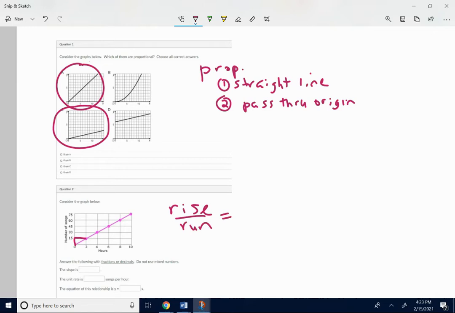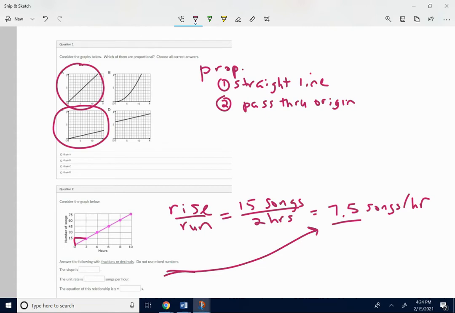I'm going up 15 songs over 2 hours. If I divide, I get 7.5 songs per hour. So the slope is really just the number 7.5. And we actually found the unit rate, because the unit rate would be the 7.5 songs per hour.